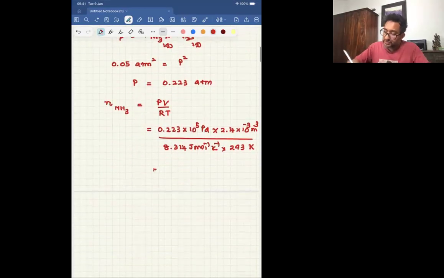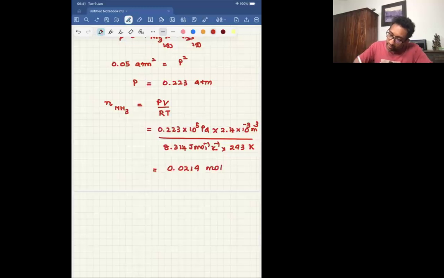You get the number of moles. Let us look at that. 0.223 times 10 to the power 5 times 2.4 times 10 to the power minus 3, divided by 8.314 multiplied by 293. I got 0.0219 moles.